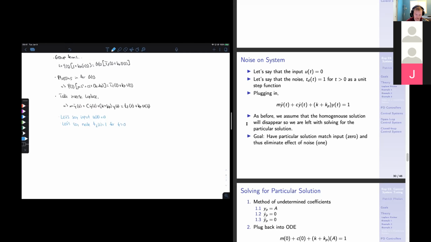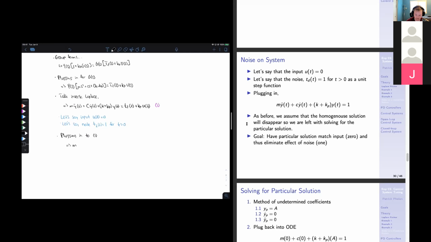Okay, so now we're going to plug in for our input, which was 0, and our noise, which was 1. So I'm going to call this equation 1 right there in purple. And then we'll do plugging into equation 1.